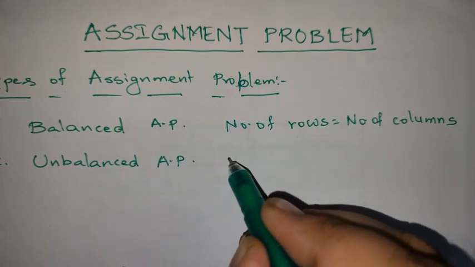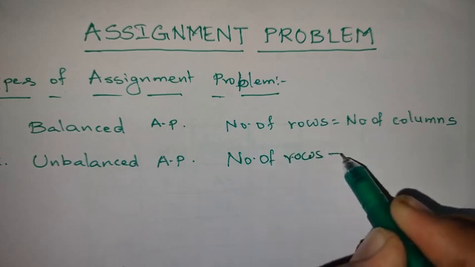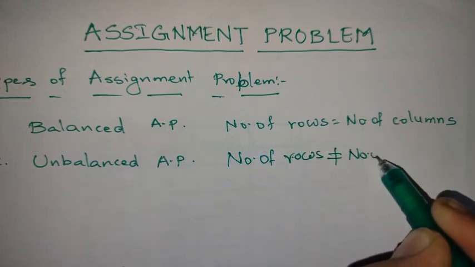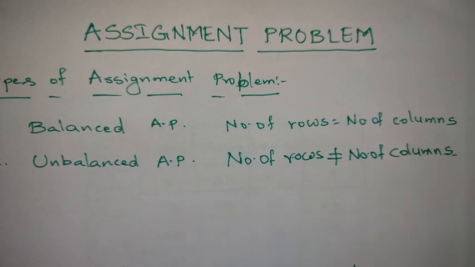And if the number of rows is not equal to the number of columns, then we say it is an unbalanced assignment problem. If you want to solve a problem, it should be in a balanced case. So if an unbalanced problem is given to you, how do you convert it into a balanced one?